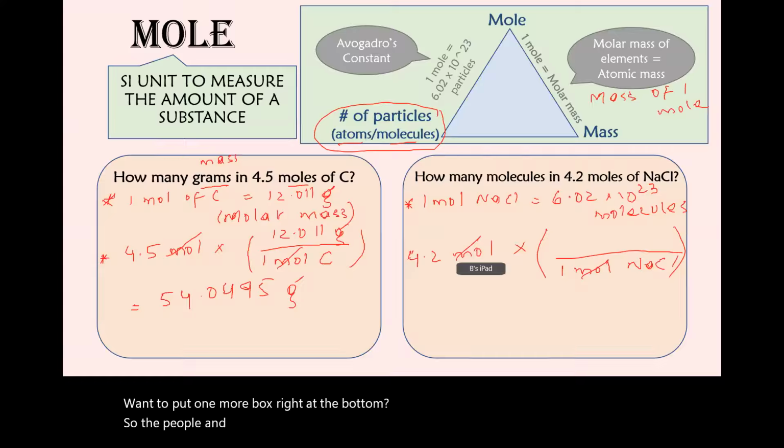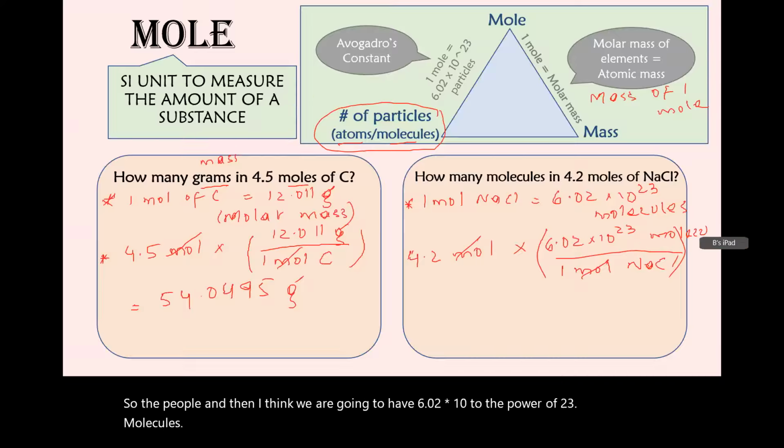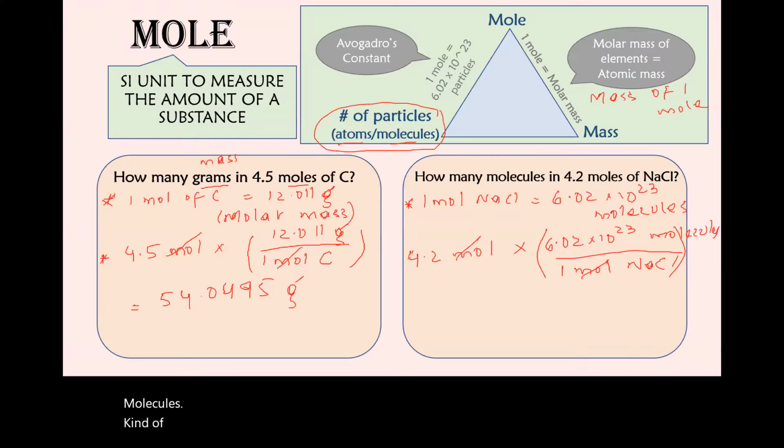And then we are going to have 6.02 times 10 to the power of 23 molecules on top. And then we just do the math, 4.2 times 6.02 times 10 to the power of 23. So that gives us about 2.707 times 10 to the power of 27 molecules.